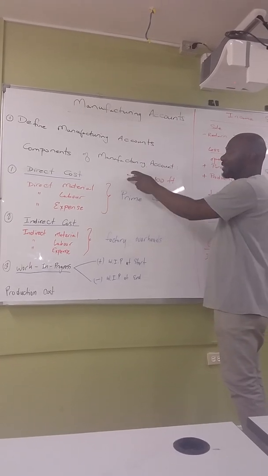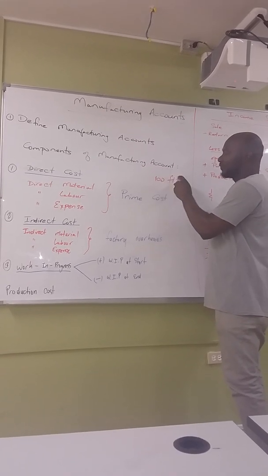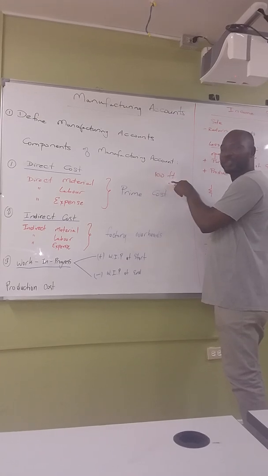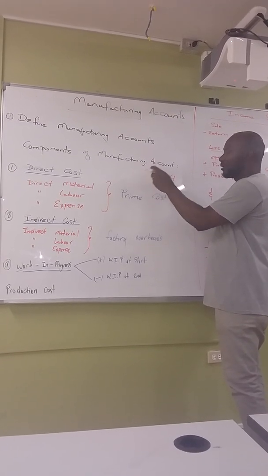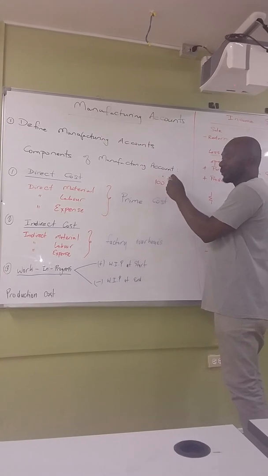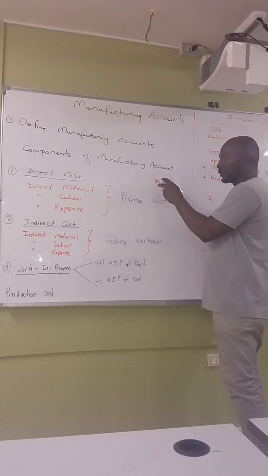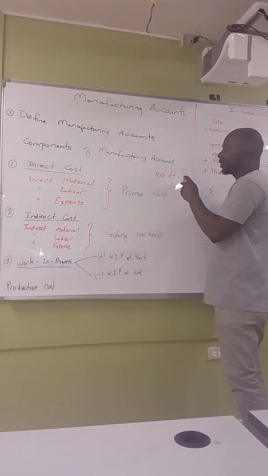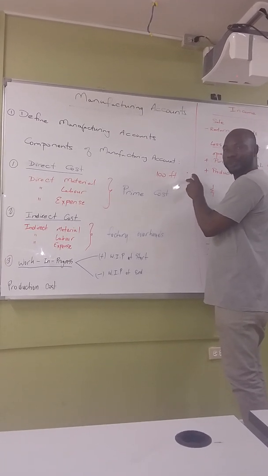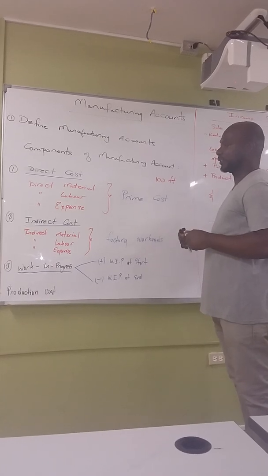Because if it takes 5 feet to make a dresser, 5 into 100 gives 20. So that is what we're saying as it relates to direct material.